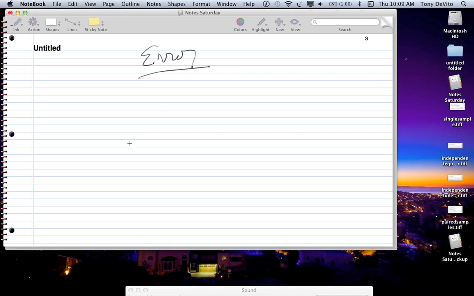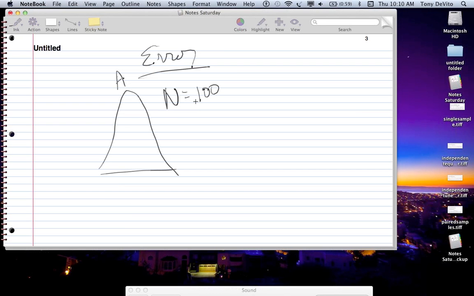Now if I have a group, say population A, and here is the distribution of sample size 100. The mean that I got for this particular sample was, say, 89. And there's the standard error that I calculated. My standard error is my standard deviation over the square root of n.